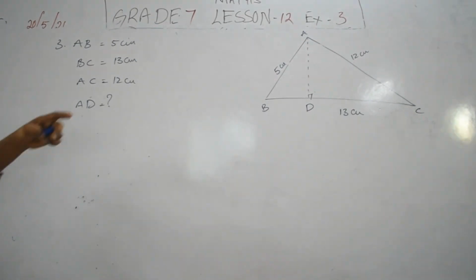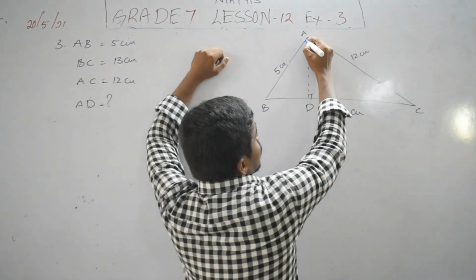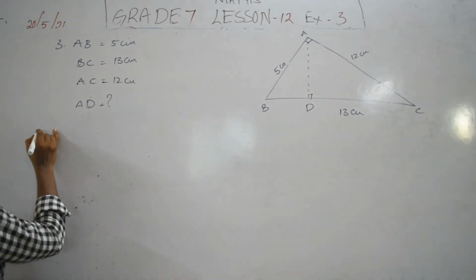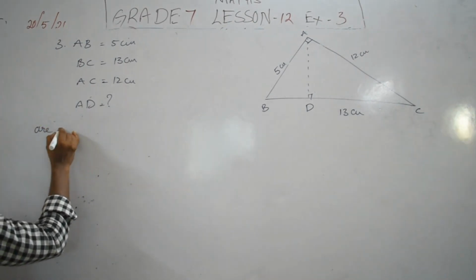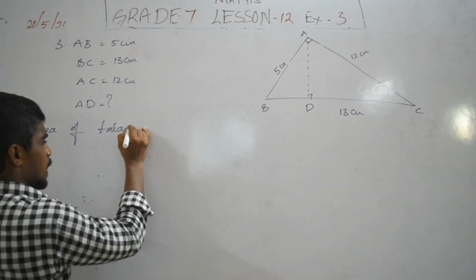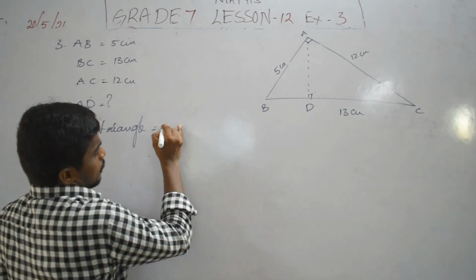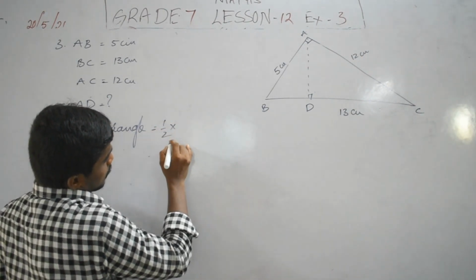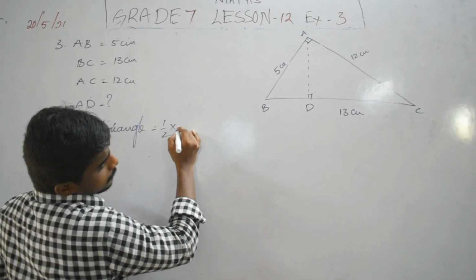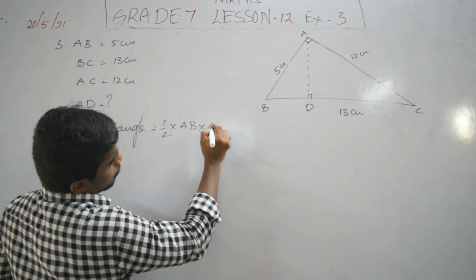Now this AD is a perpendicular, right angle triangle. So now here see, area of triangle ABC equals 1/2 times AB times AC.